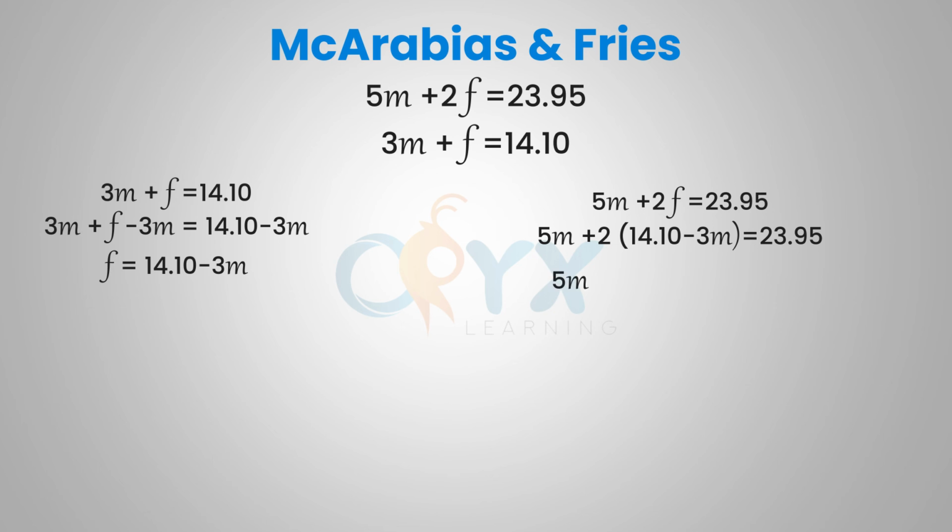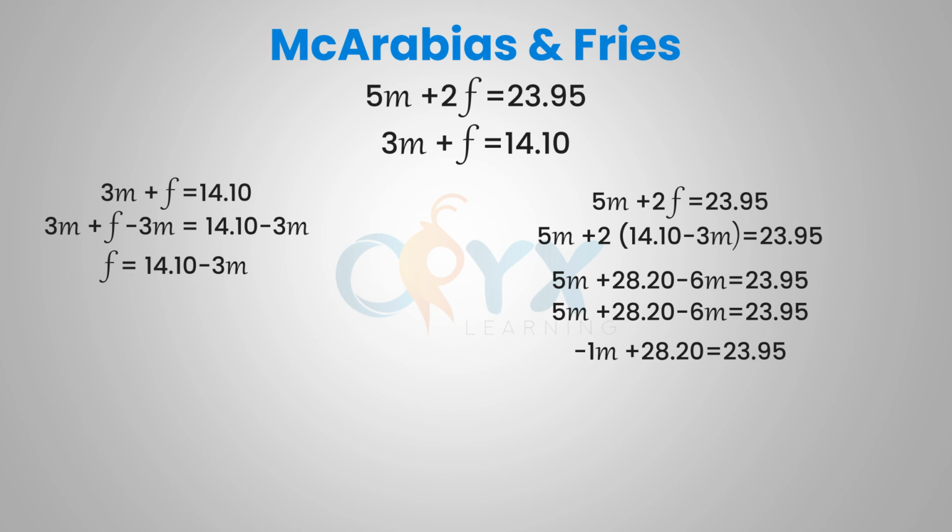Simplifying down, we get 5m plus 28.20 minus 6m equals 23.95. Combine like terms, 5m minus 6m equals negative 1m. In order to isolate the variable, I can subtract 28.20 from both sides of the equation, leaving me with negative m equals negative 4.25. The opposite of multiplication is division, so I'm going to divide both sides by negative 1, leaving me with m equals 4.25.